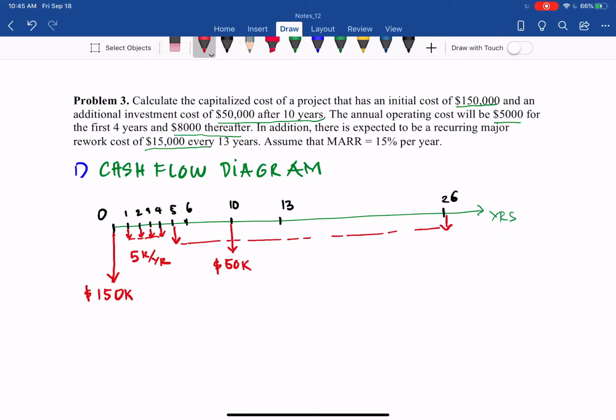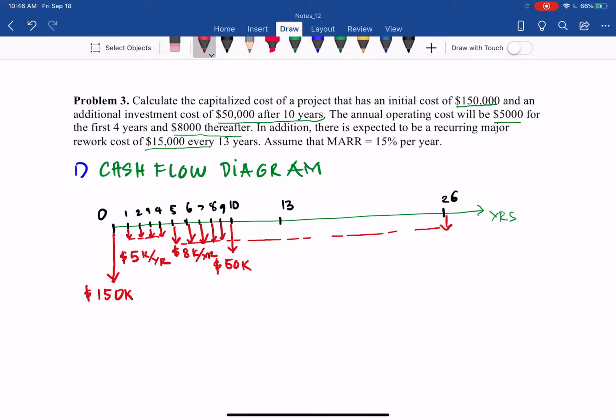But we only draw for the first 2 cycles. So keep continuing. We have 7, 8, 9, 8,000, the same amount. So 8K per year thereafter.